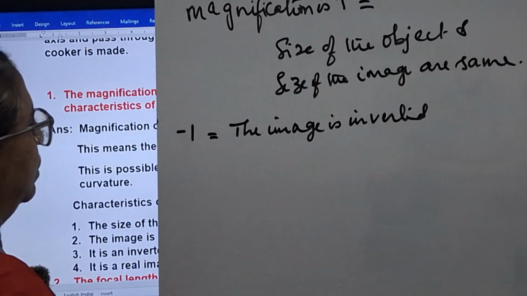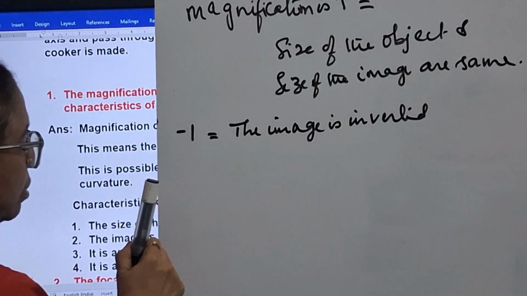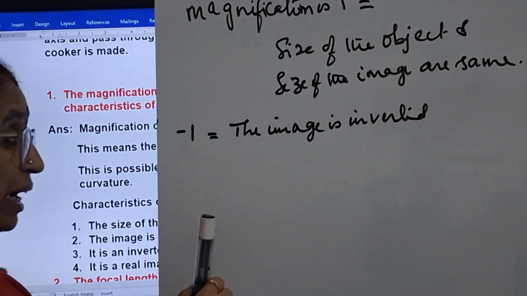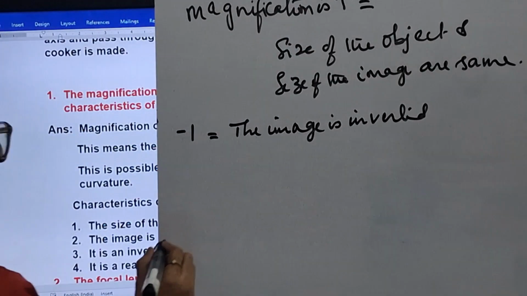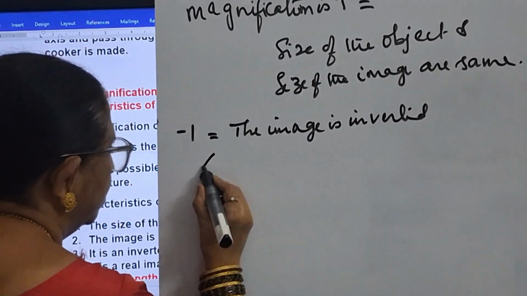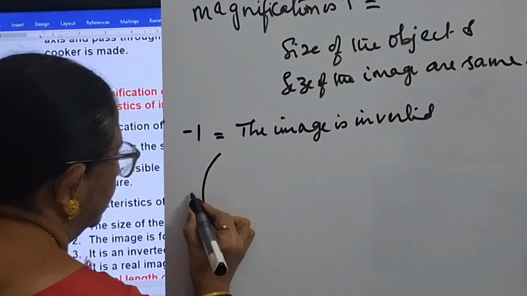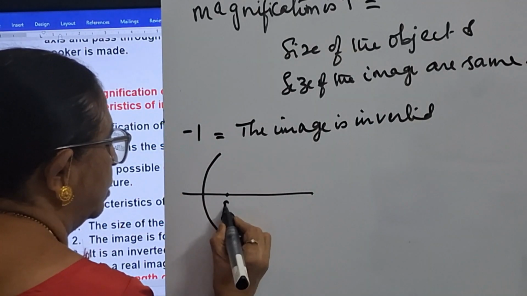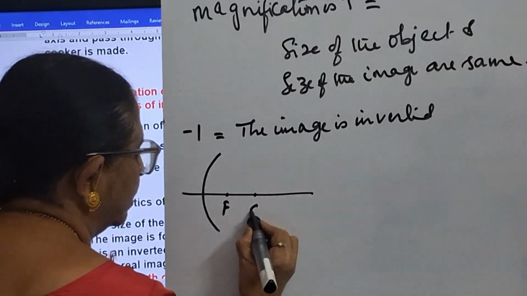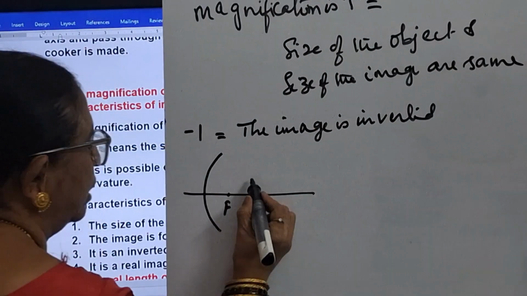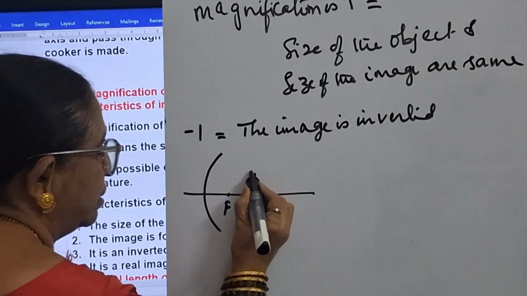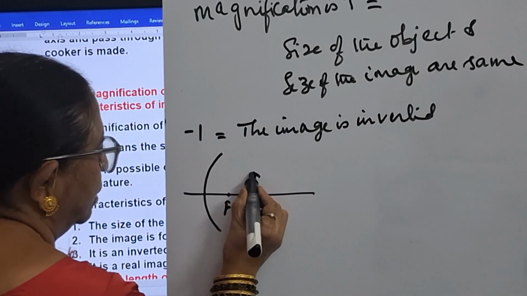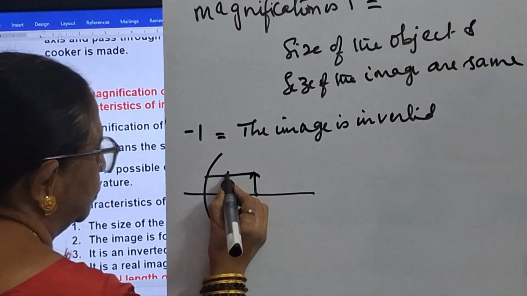And the question is, see, when you are drawing ray diagrams for a concave mirror, if you take this as the principal axis, this is the focal point, and this is the center of curvature. So when an object is placed at C, a line parallel goes to the mirror.